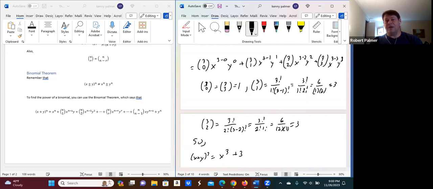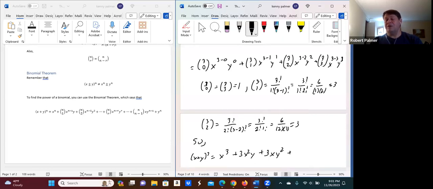Plus 3 times x to the 3 minus 1, x squared, times y to the first, or just y. Plus again, we said 3 over 2 coefficient is also 3. Once again here, x to the 3 minus 2 is x to the first, or just x, times y squared.